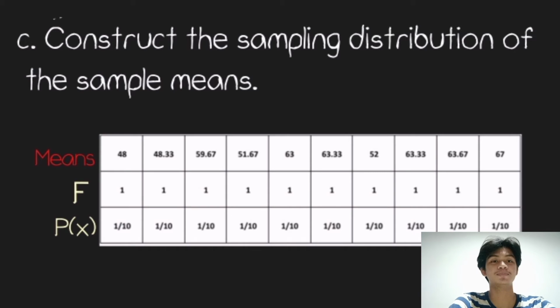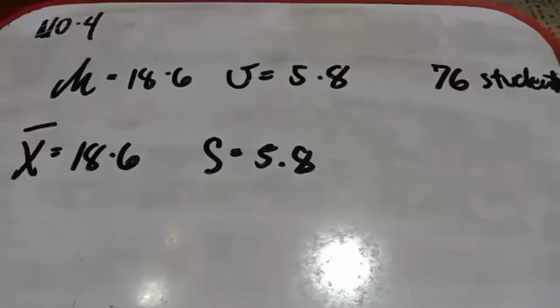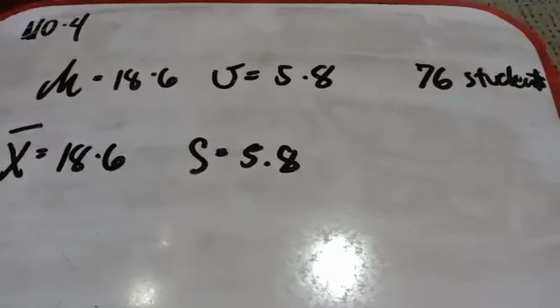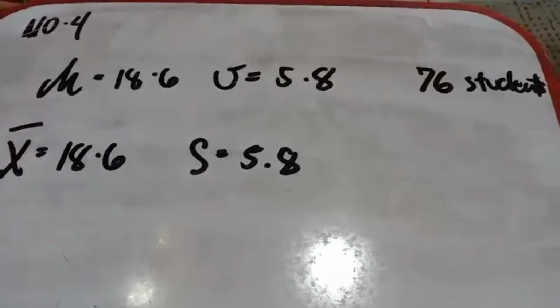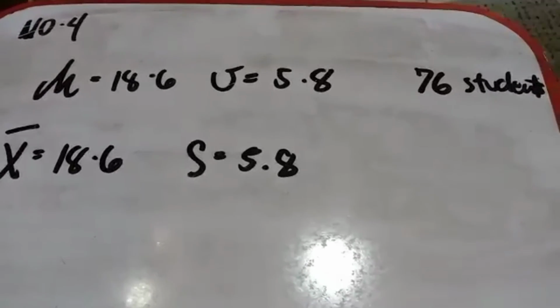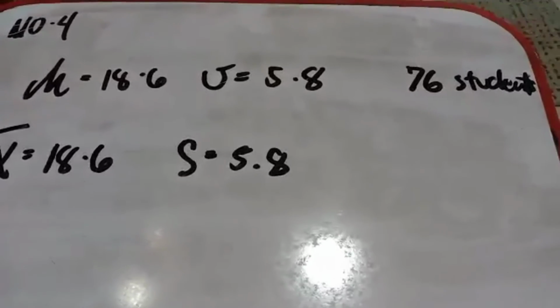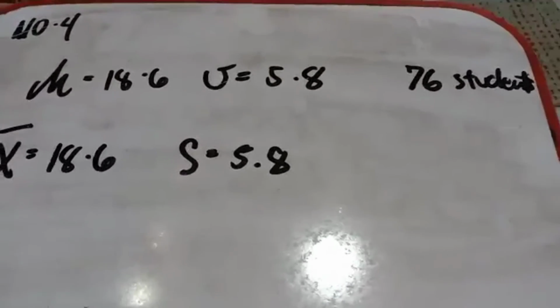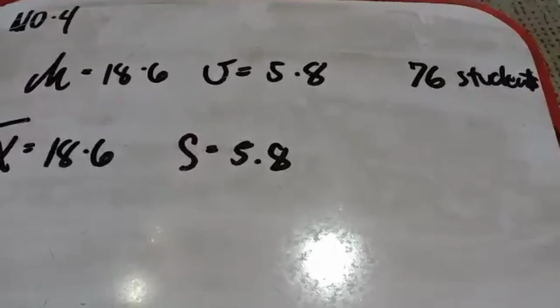So that's all. For our performance task number 4, the scores of individual students on the national test have a normal distribution with mean 18.6 and a standard deviation 5.9. At Science and Technology Education Center, 76 senior high school students took the test.